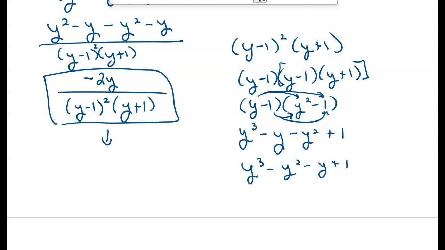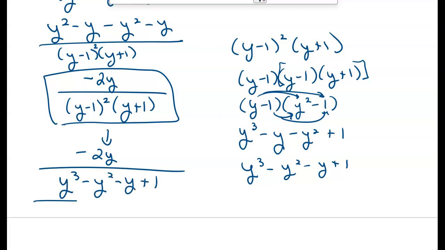So, guess what you could also see as an answer? A negative 2y over y cubed minus y squared minus y plus 1. Understand, when I say simplest factored form, or if I said simplest form, which one would you prefer? Yeah, simplest factored form is a lot nicer because you only have to worry about the numerator then, if you notice that more.